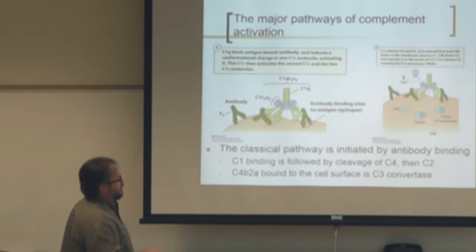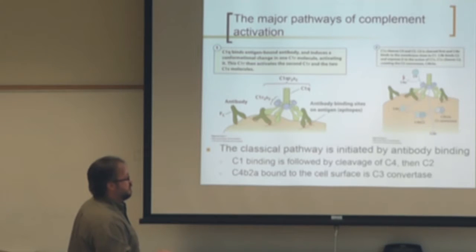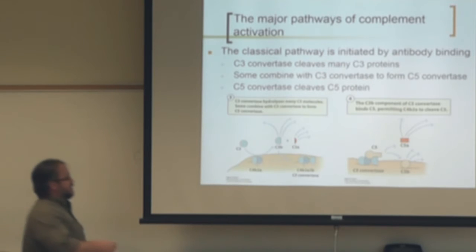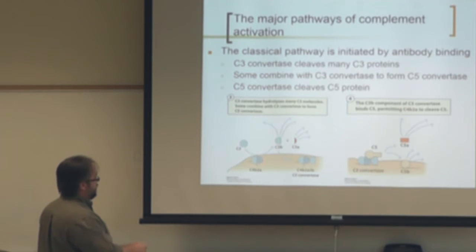C4b is going to stick to C2 and change C2, allowing C2 to get cleaved, and you're going to end up with C4b, this light blue, and C2a, which is the dark blue. So these two subunits, 4b and 2a, are going to form that C3 convertase.